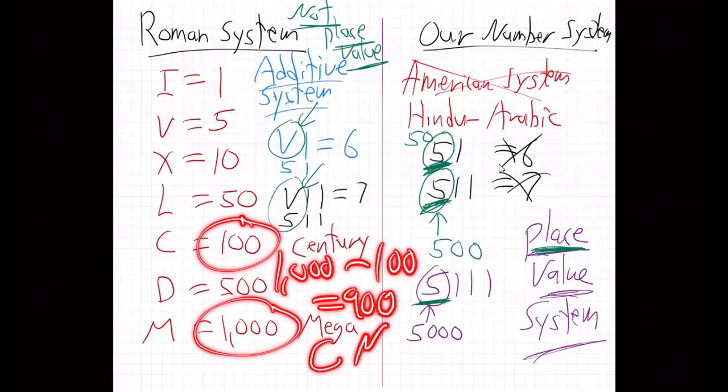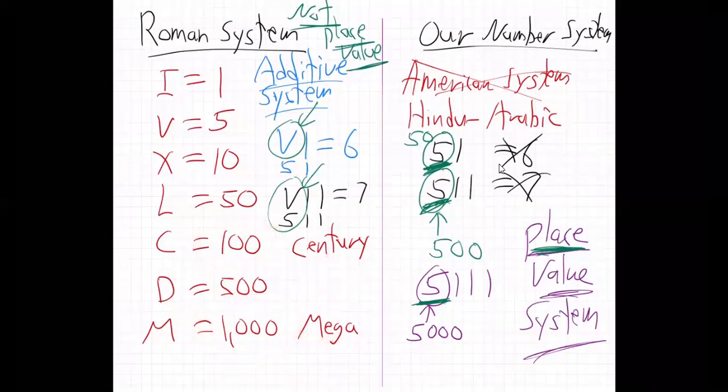So if I go CM, then that's 100 before 1,000. That means subtraction. Whenever you put a smaller symbol to the left of a bigger symbol, that means subtraction. So that'll be 900.